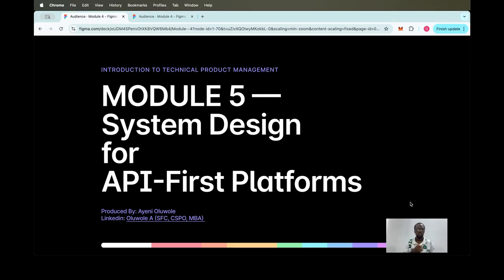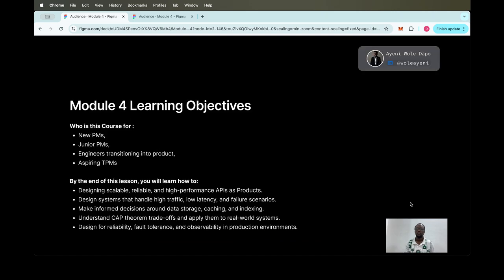In today's module, we'll be looking at system design for API first platform. In our last module, we looked at the concept of API as a product.